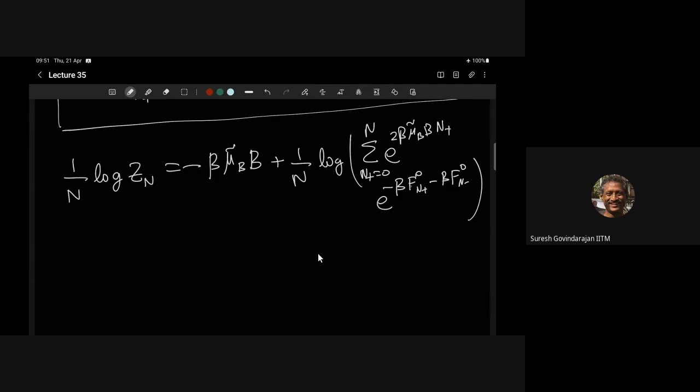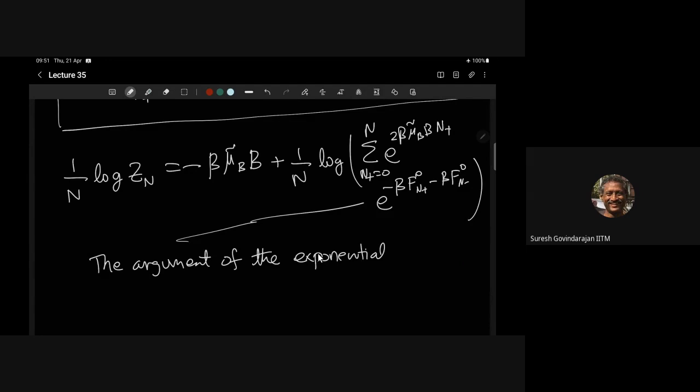Okay, so the argument of the exponential is 2 beta mu tilde b into n plus, okay, minus beta f0 of n plus minus beta f0 of n minus n plus.